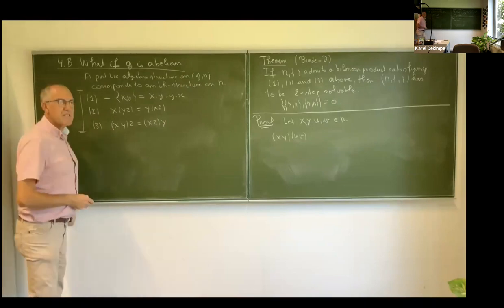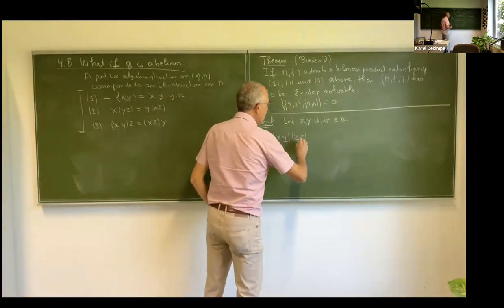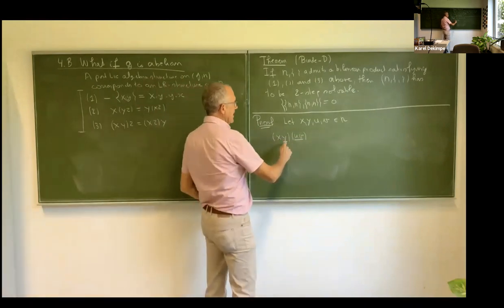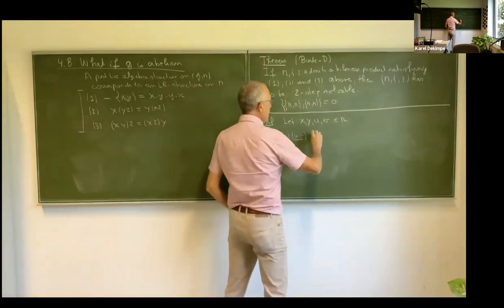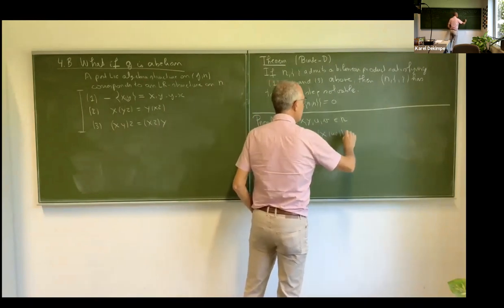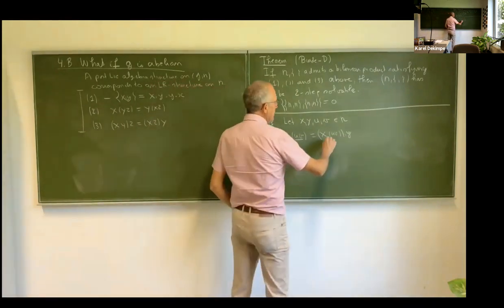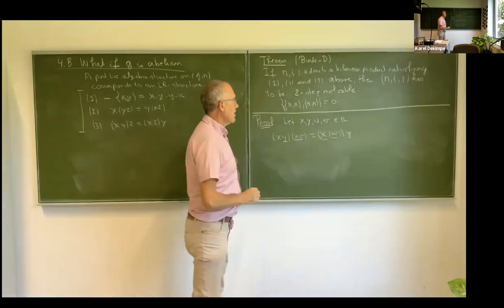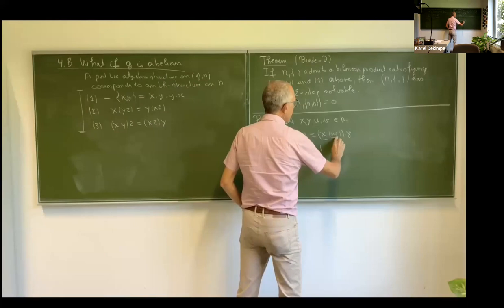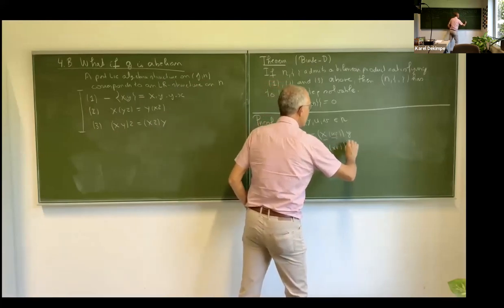And I will use these properties in turn. So first of all, I will use that right multiplications commute. So this means that I can interchange these two elements. So it is the same as x times uv times y. And now I will use that left multiplications commute. So I use the left multiplications on these two. So this means that I can put u in front, x over here, and then y over there.